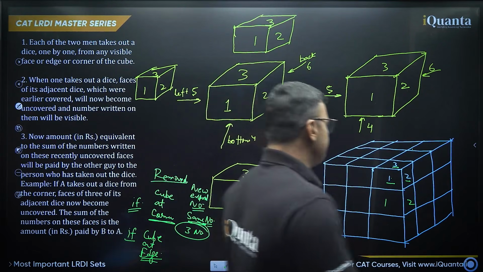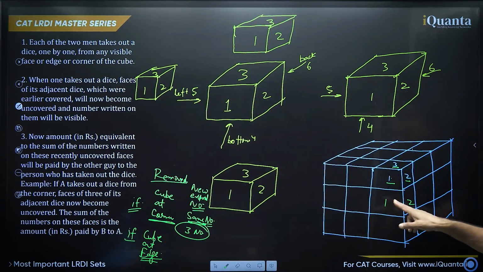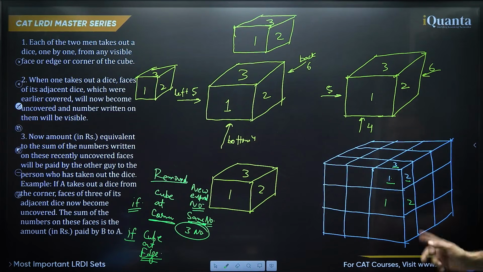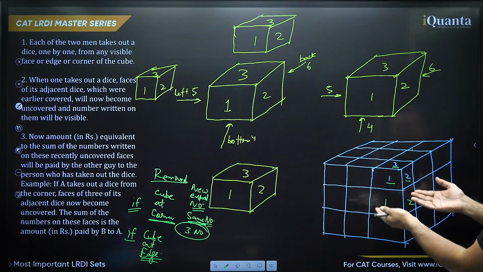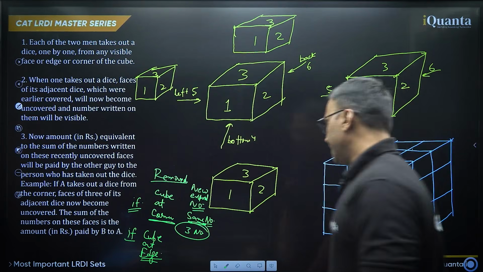What was not visible in this case? The ones that were not visible were 3, 4, 5, 6. But out of that, what will be the new uncovered numbers? Let's check that.